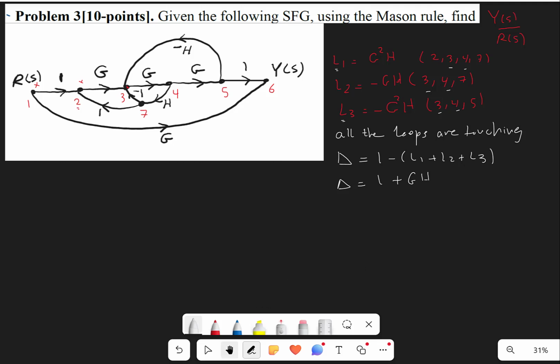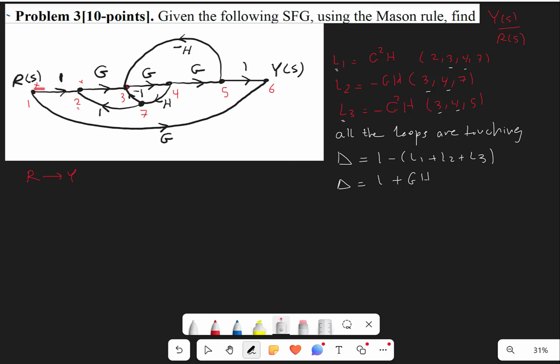So now let's find the paths from R to Y. Simply this means that you are here and you are looking toward the Y and asking yourself how many ways I can go from R to Y in the direction of the arrow without including any node more than once.